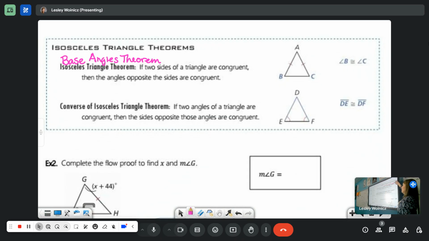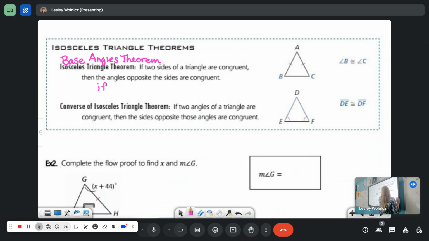I almost prefer this name just because it tells you more about what it's talking about. Like the Isosceles triangle theorem could mean anything, right? But the base angles theorem tells me that my base angles are congruent in an isosceles triangle. So if I have two sides of a triangle congruent, then my angles opposite those sides are also congruent.